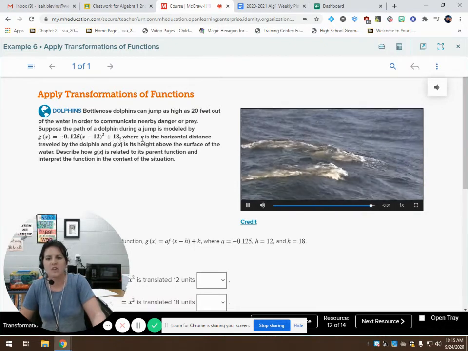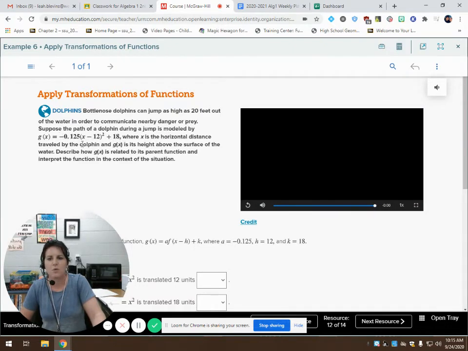Suppose the path of a dolphin during a jump is modeled by this function, where x is the horizontal distance traveled by the dolphin and g of x is its height above the surface of water. Describe how g of x is related to its parent function and interpret the function in the context of the situation. So we're looking at this.